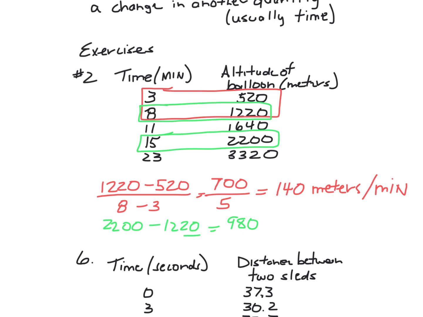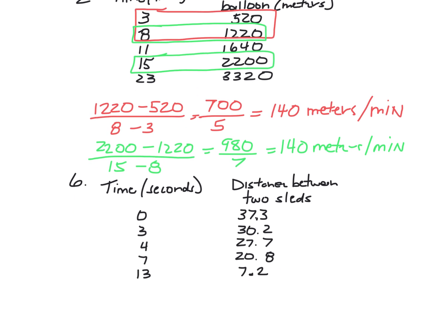The change in time there, we're going from 8 to 15, so 15 minus 8 is exactly 7. And 7 is going to go in there also exactly 140, so it'd be meters per minute. And if all of these different times are consistent, then it'd be a linear relationship.